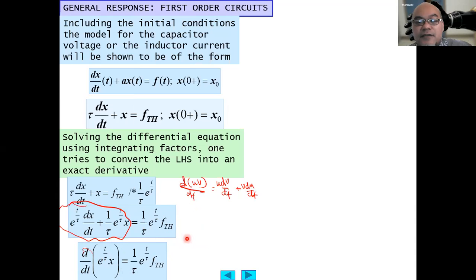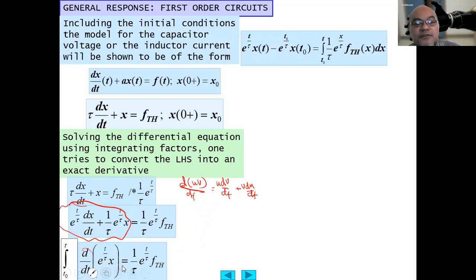Okay, if we do integration of both sides, the integration of d/dt of exponent t over tau x will become this function, exponent t over tau x.